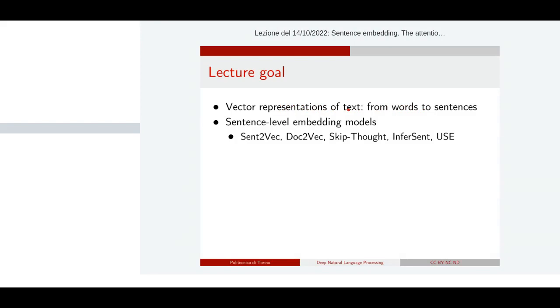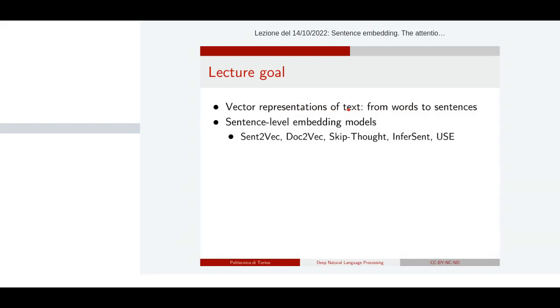The models, the architectures, like transformers, like BERT, that probably all of you know because they are very famous, very popular in NLP today, belong to the contextualized embedding category. But we need, of course, some prior knowledge, some prior background in order to fully understand how these kinds of state-of-the-art systems work.